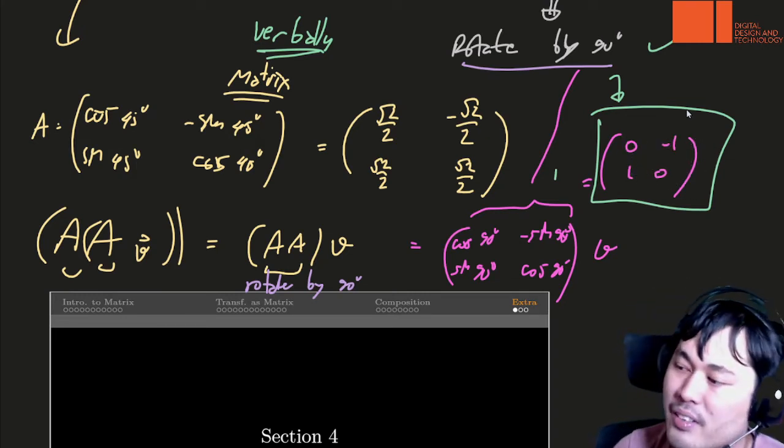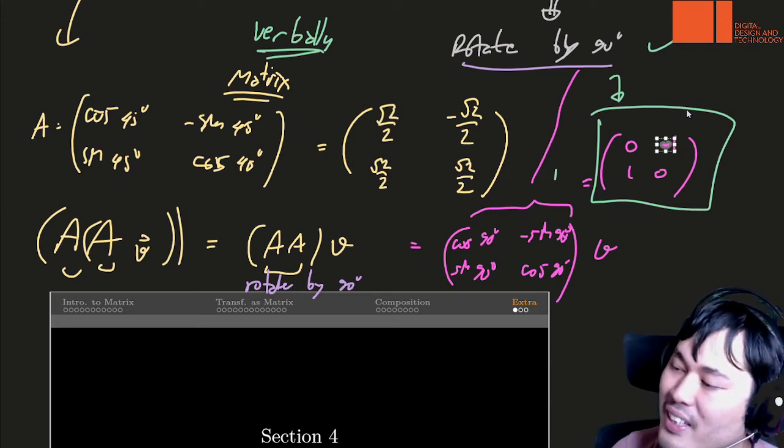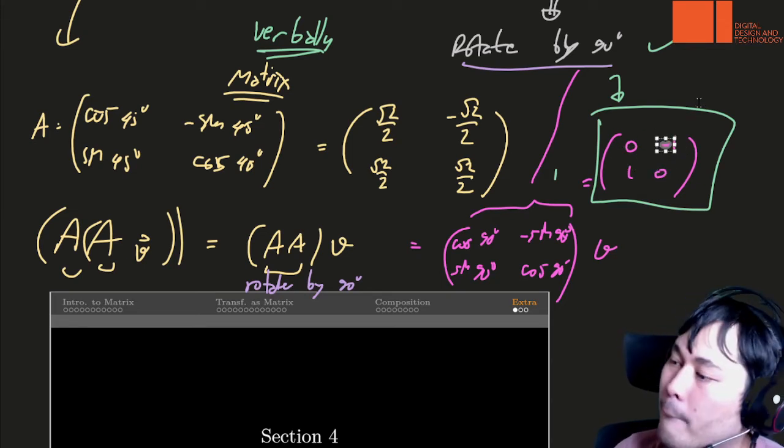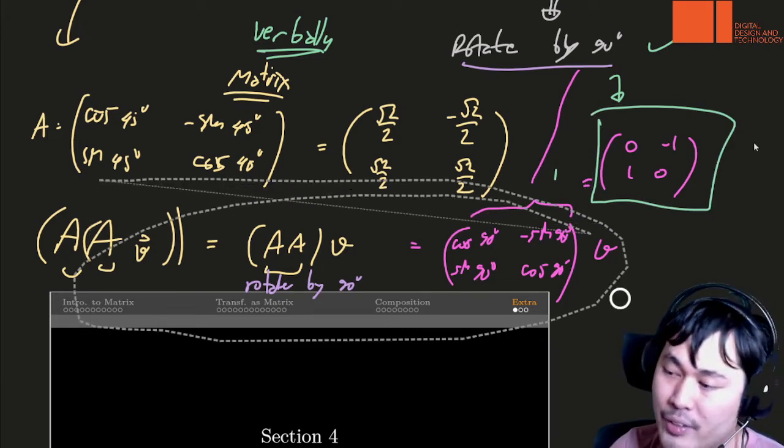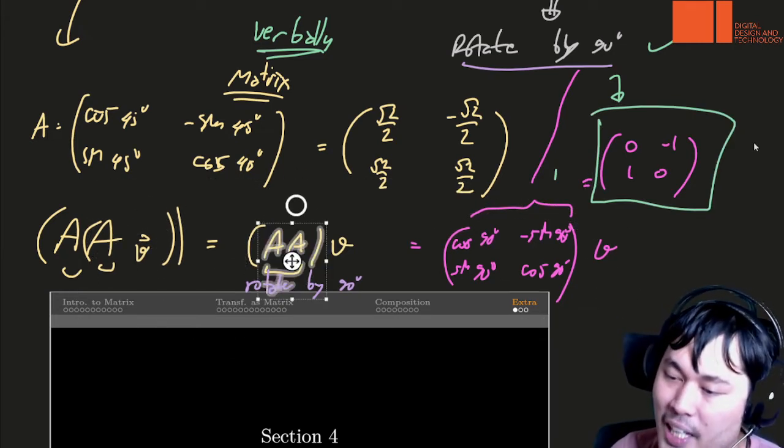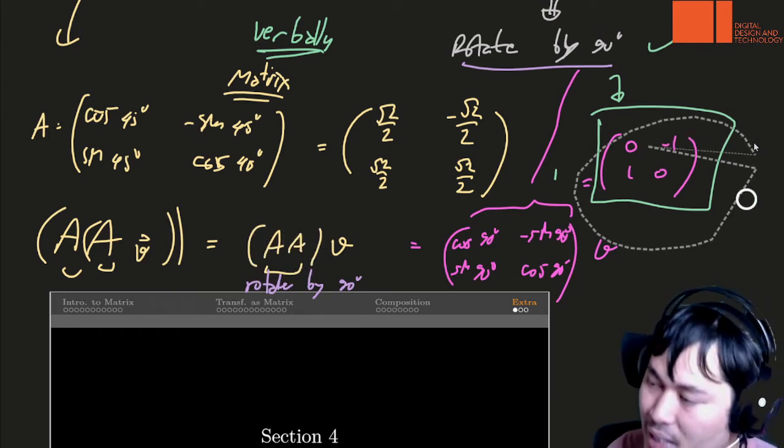Which looks simple, doesn't it? 0, -1, 1, 0. So if we understand everything correctly, the result after the multiplication should be this matrix.